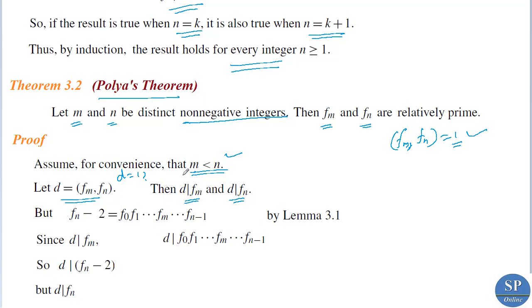Now, what is Fn minus 2? By the previous lemma, Duncan's formula, we have Fn minus 2 equal to F0 F1 etc. Fn minus 1, because we have taken m less than n.